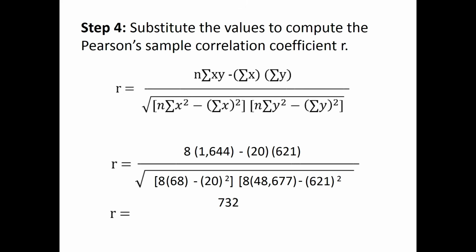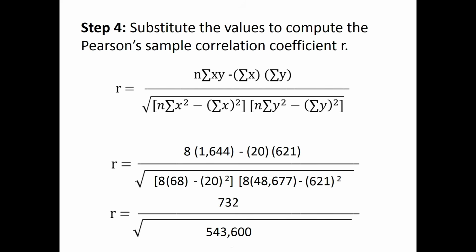So, PEMDAS. We have 732 divided by the square root of, huwag po natin kakalimutan, meron pong square root. The denominator is the square root of 543,600. Okay? Hindi pa tayo tapos. We still have the square root.